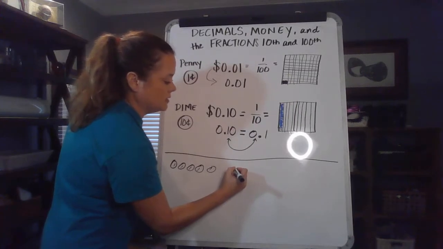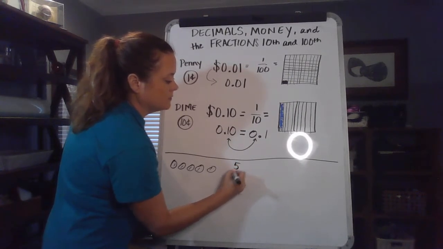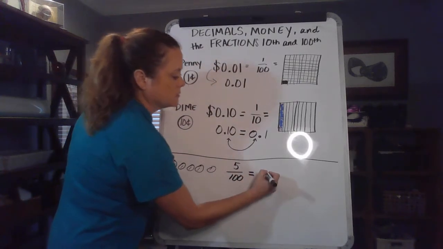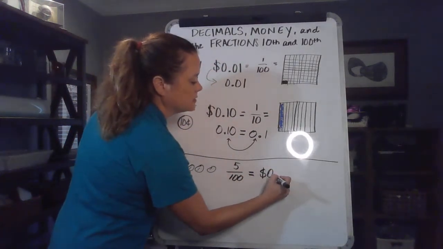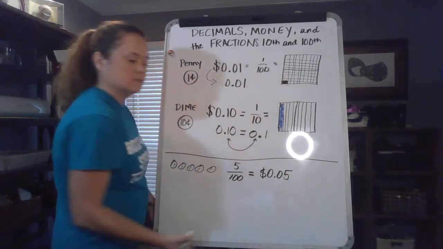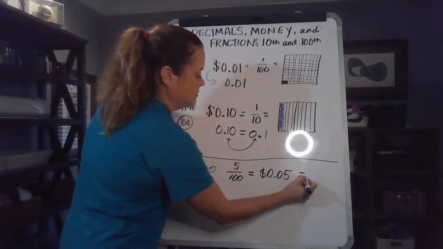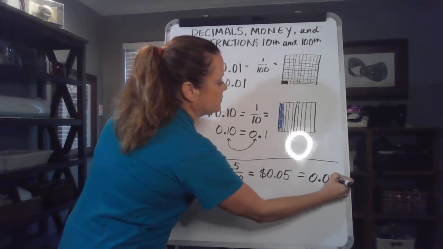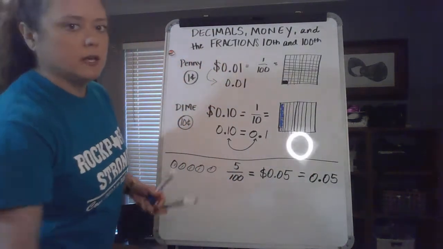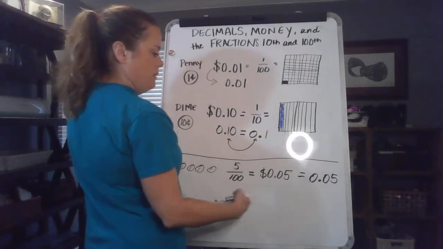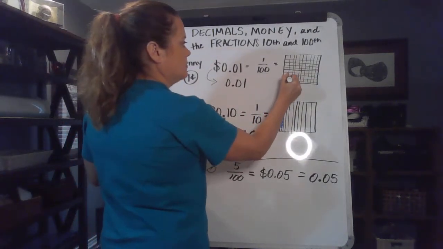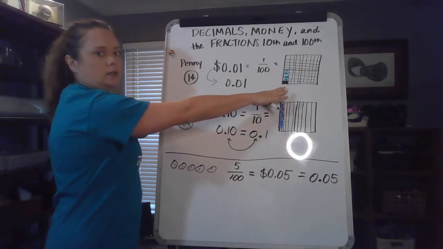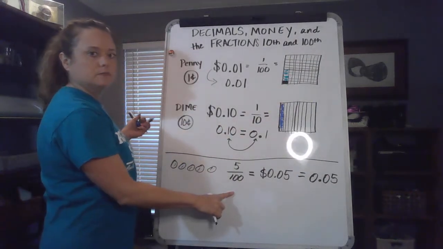So this is going to say 5 out of 100, which equals, with money, 5 cents. And as a decimal, it's going to look like this, 0, 5. I would shade, using the same model up here, 5 total. And so this would be the model for this one.